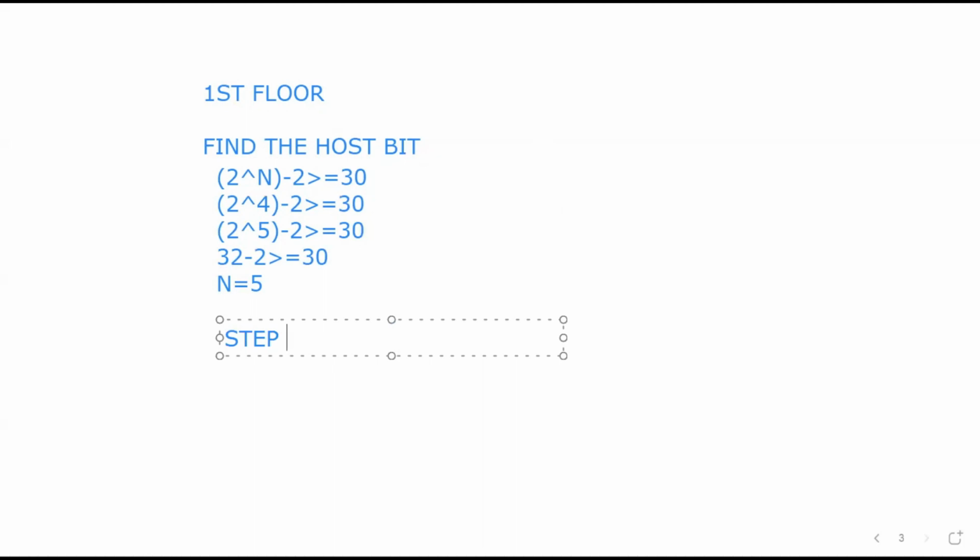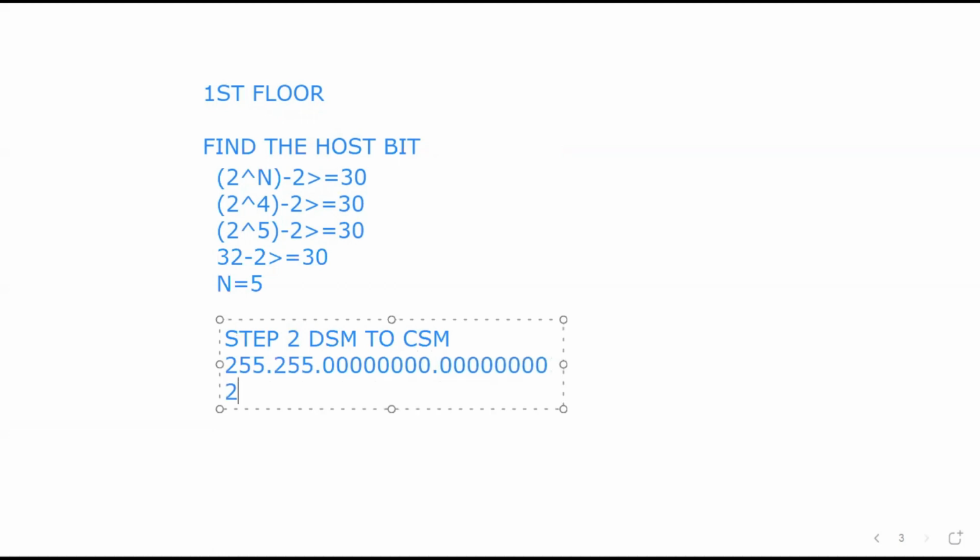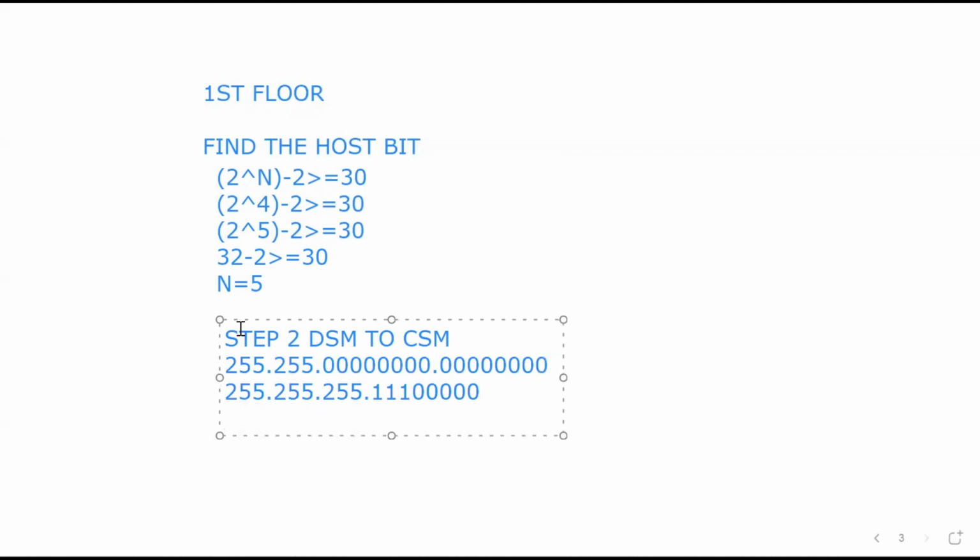Then step 2, DSM to CSM. 255.255.255, and with 5 host bits the last octet is 224. Okay.